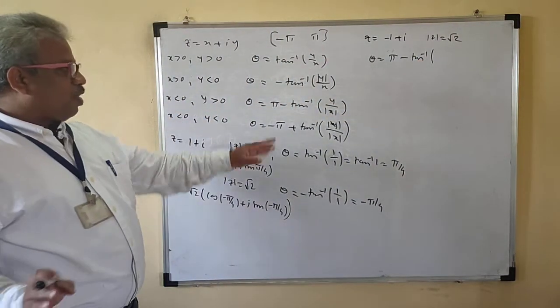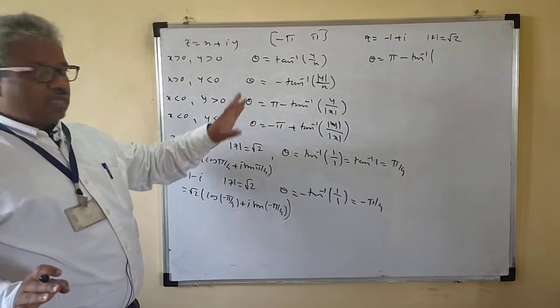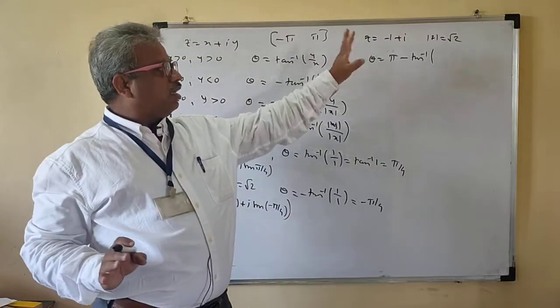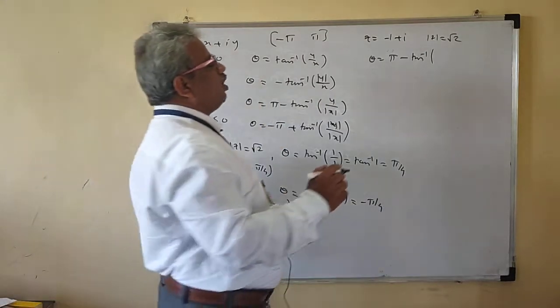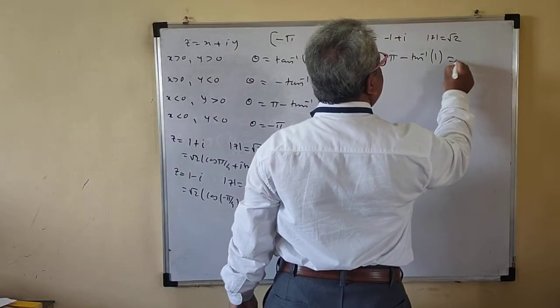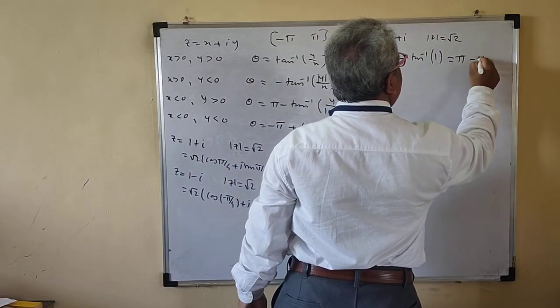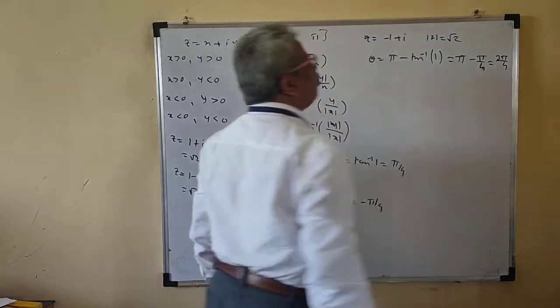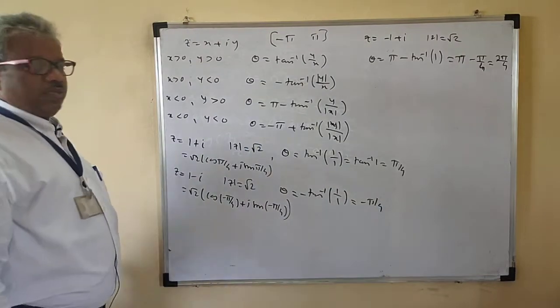We have to take both as positive because we are already considering the negative sign outside. So the real part is minus 1, but we have to take 1. 1 upon 1 is 1. So this is pi minus pi by 4, which is 3 pi by 4. So you can write root 2 into cos 3 pi by 4 plus i sin 3 pi by 4.